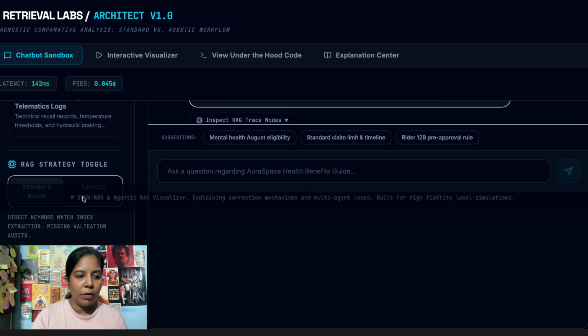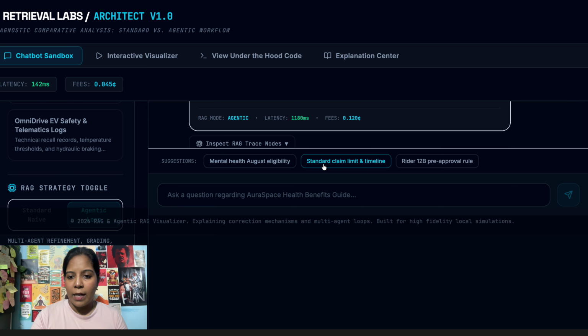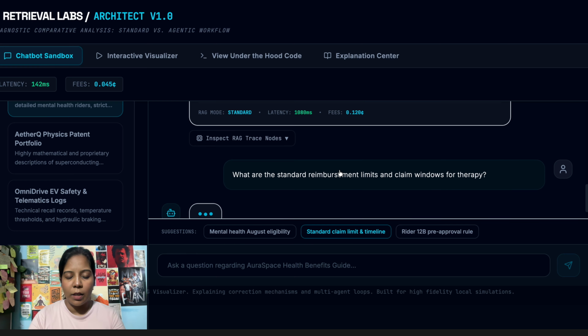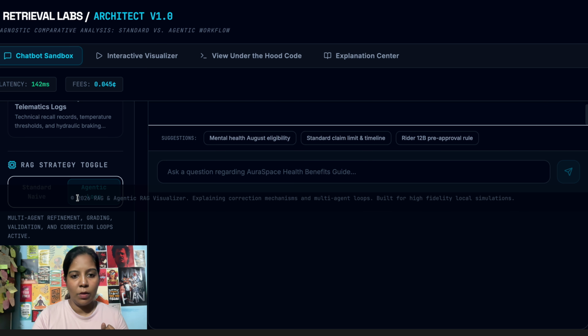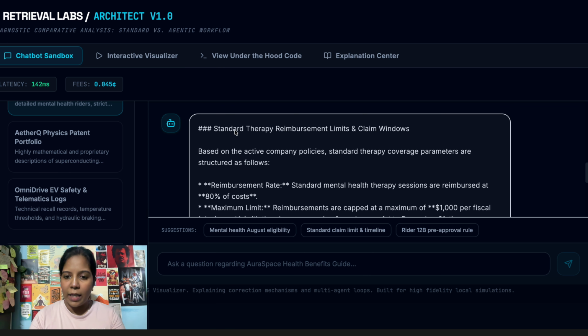Let's go with the standard claim limit and timelines. So this is another query that I am giving for the agentic RAG. What are the standard reimbursement limits and claim window for therapy? So it has given me the detailed information again in the same way.